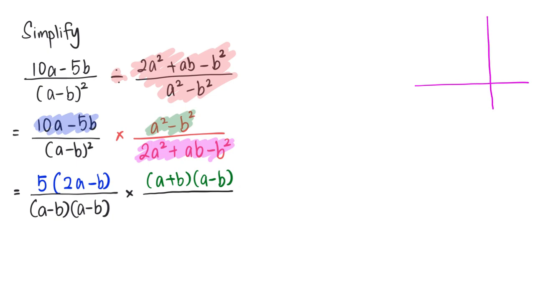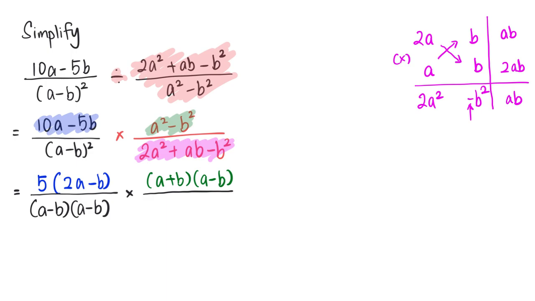So I would have my 2a squared and my negative b squared here. This one will be my ab positive. There's only 2a times a to give me 2a squared, and there's only b times b. Yep. This will give me 2ab. This will give me a times b.